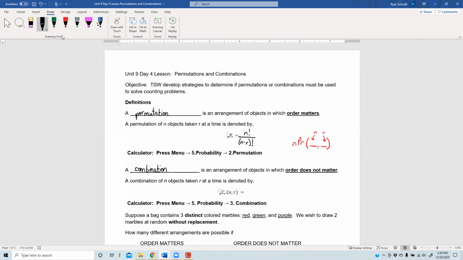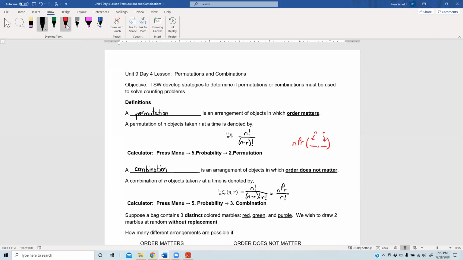Our formula for that starts off just like a permutation: n factorial over n minus r factorial. However, we have to also divide by r factorial to get all those repeats out. The repeated groups need to go away. They need to disappear. So that's why we divide by r factorial. So again, this is the same as a permutation divided by r factorial.